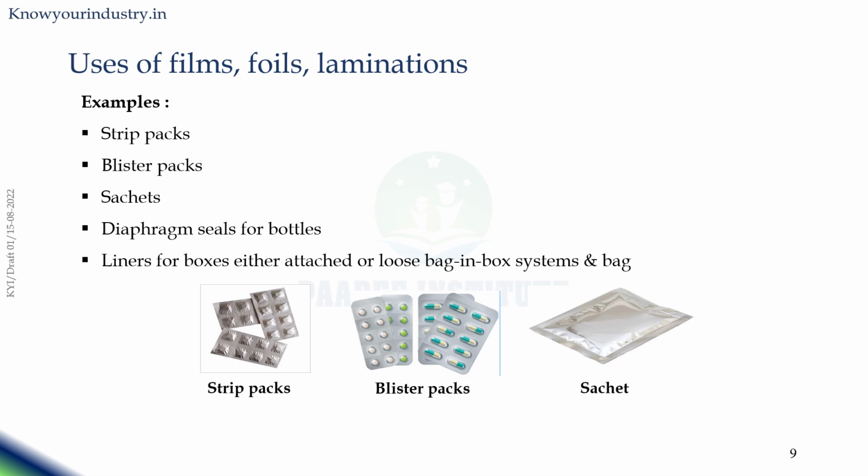Apart from bottles, glass, and plastics, we use films, foils, and laminations. There are multiple packs being used, which we commonly observe in the market also: a strip pack, blister pack, sachet, and bottles. There are various packaging systems used for commercial purposes.